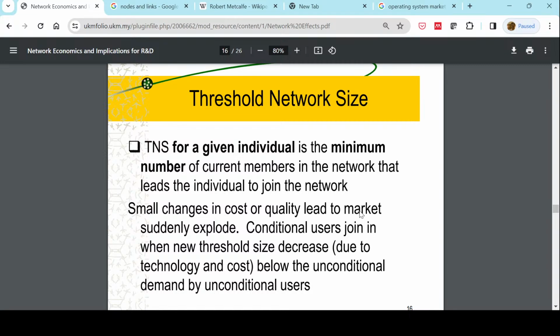Wait until the end of the year, maybe the Samsung S23 Ultra will reduce in price. No, I became an unconditional user. Launch, I bought it. Unconditional. Conditional will wait. I didn't wait.